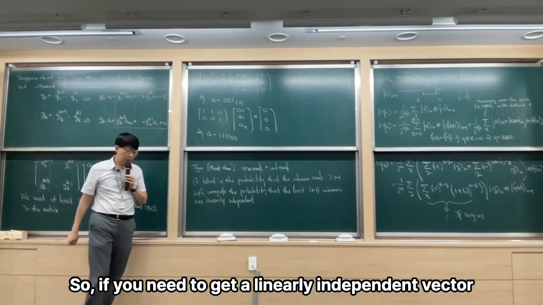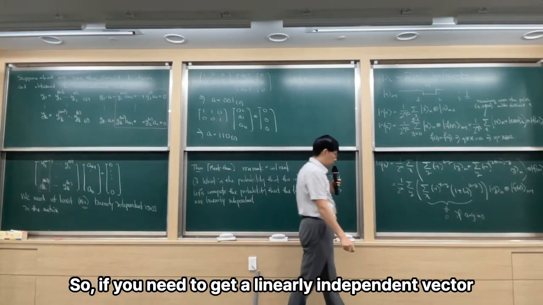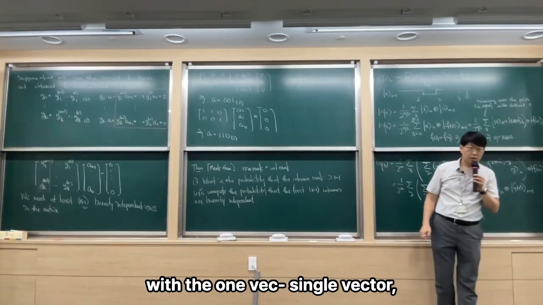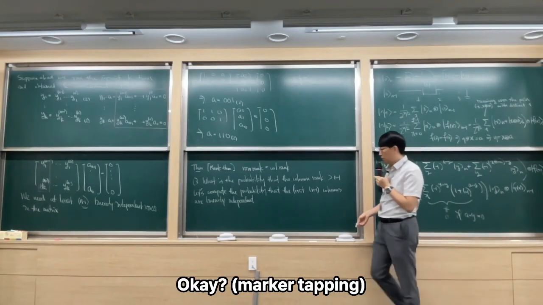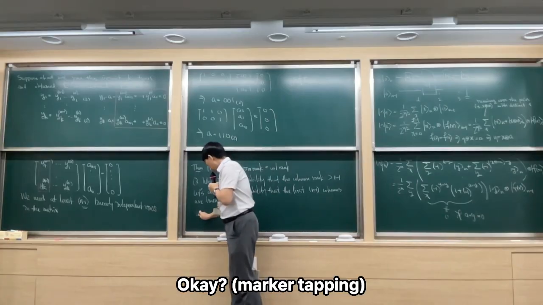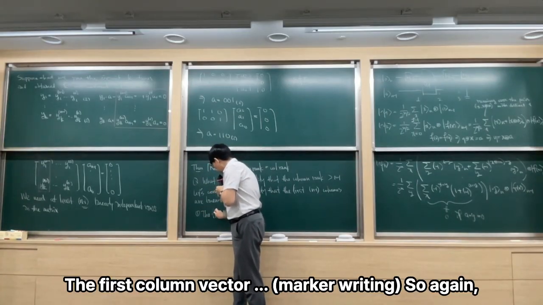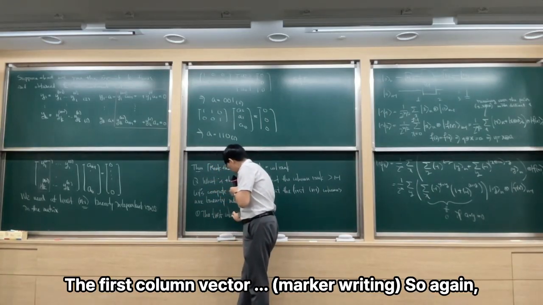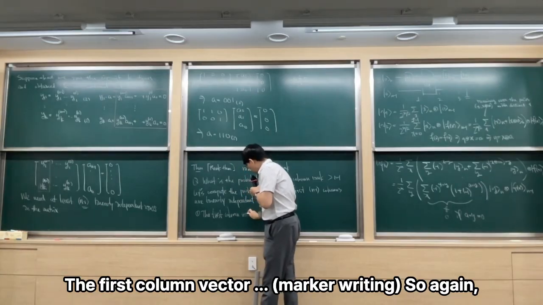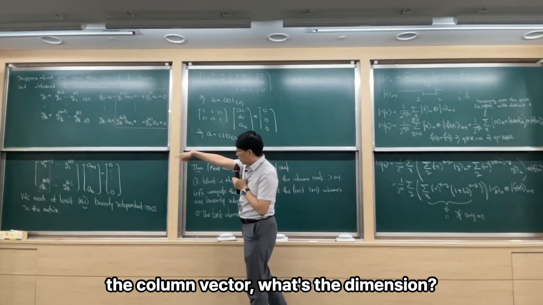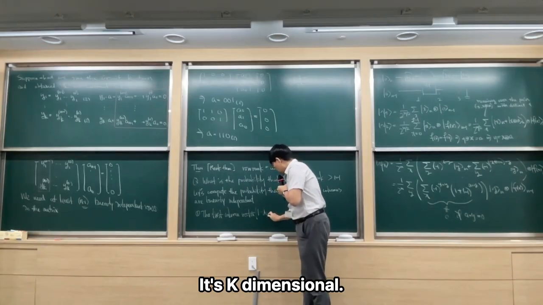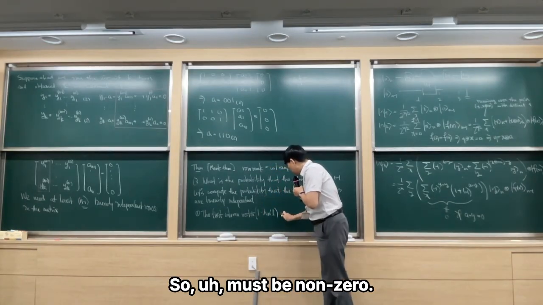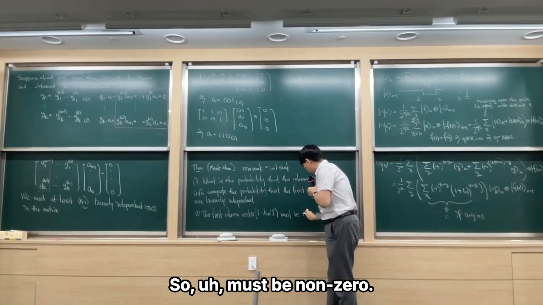If you need a linearly independent set with one single vector, all we need is that this vector must be non-zero. The first column vector, again, is k-dimensional, and must be non-zero.